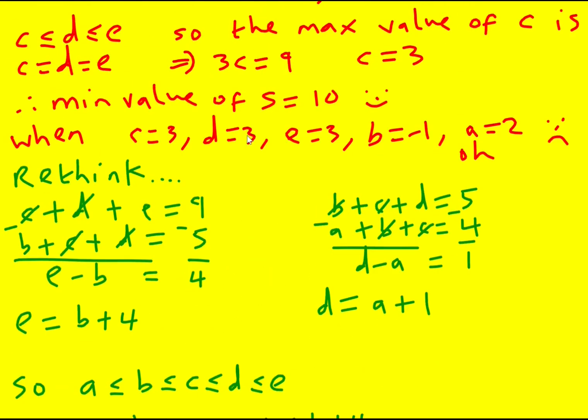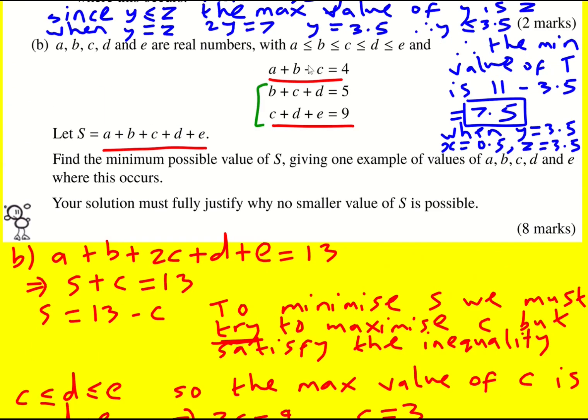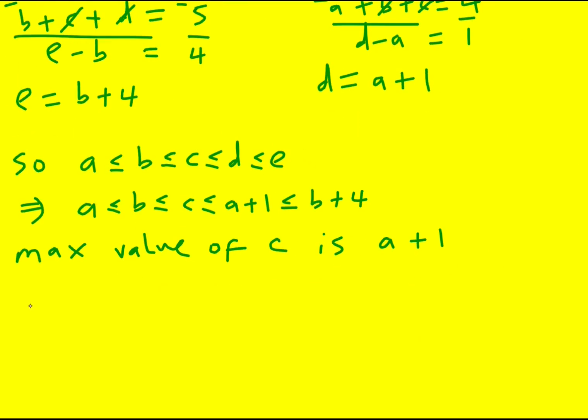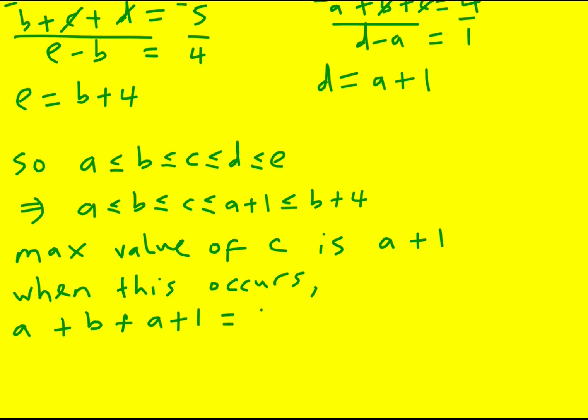And that means if we come back to the first equation, this one here, we can replace C by A plus 1. So when this occurs, A plus B plus A plus 1 is equal to 4.